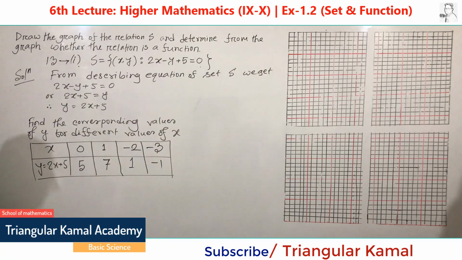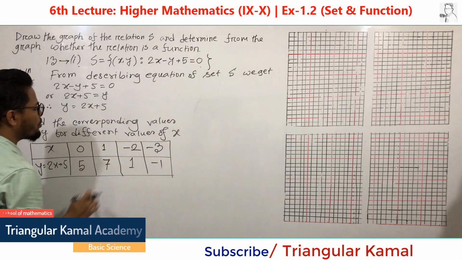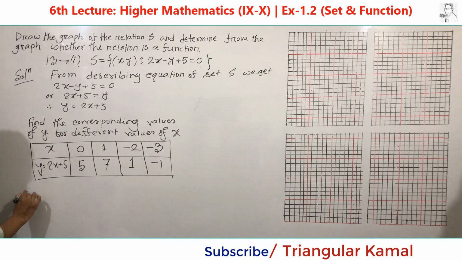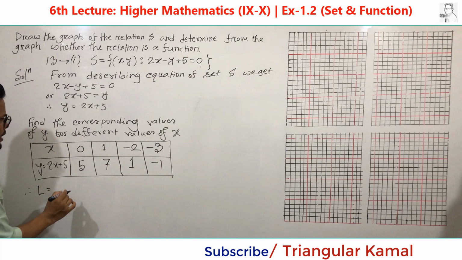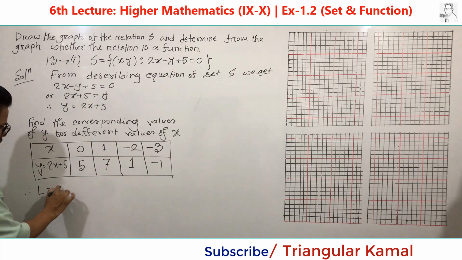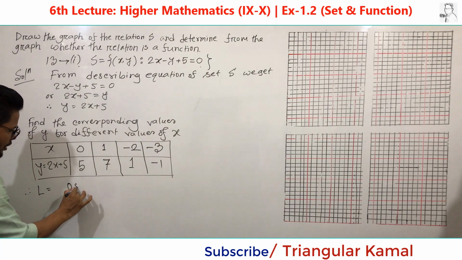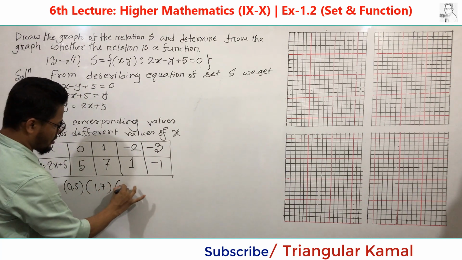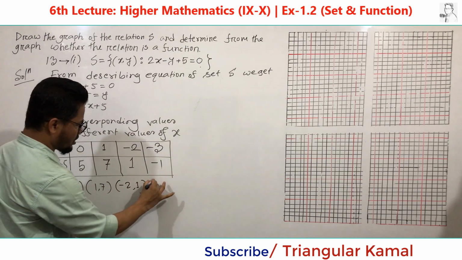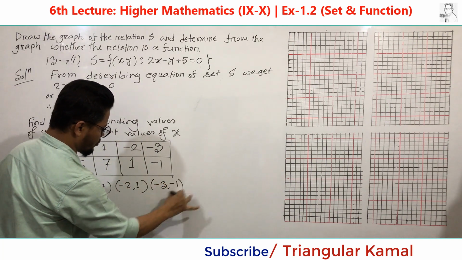Now, considering all points in the xy plane as L, we can write all points as the relation: 0, 5; 1, 7; minus 2, 1; and minus 3, minus 1.